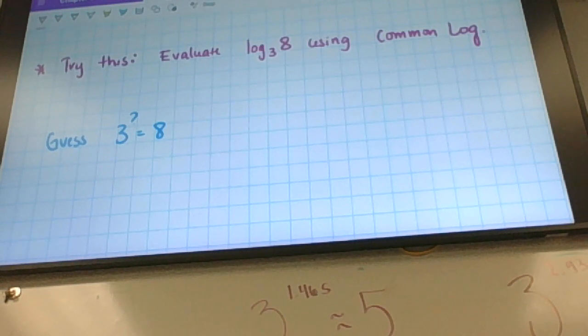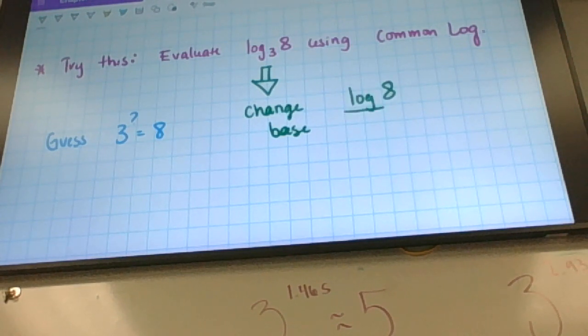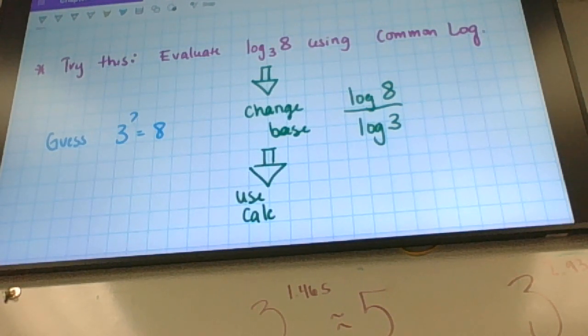Okay, so I'm going to change base. I'm going to do log 8 over log 3. Now I'm going to use a calculator. You guys have been asking me about this all along.